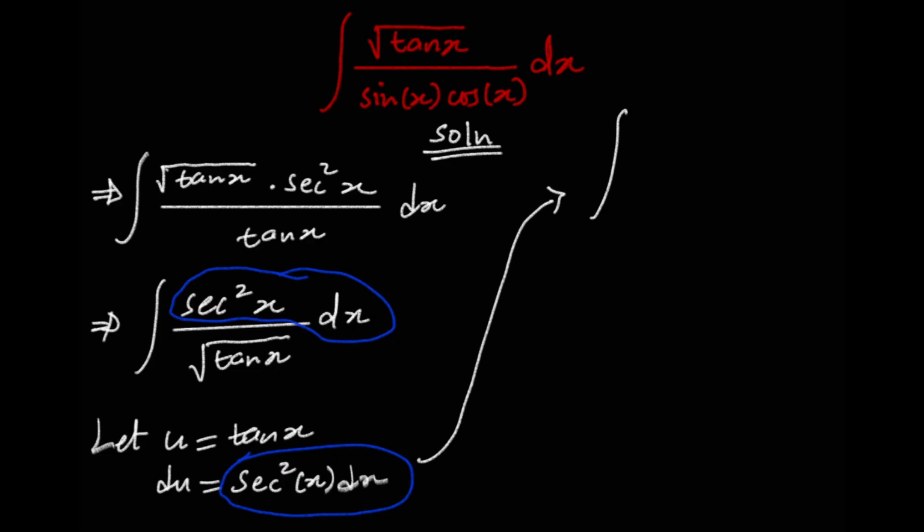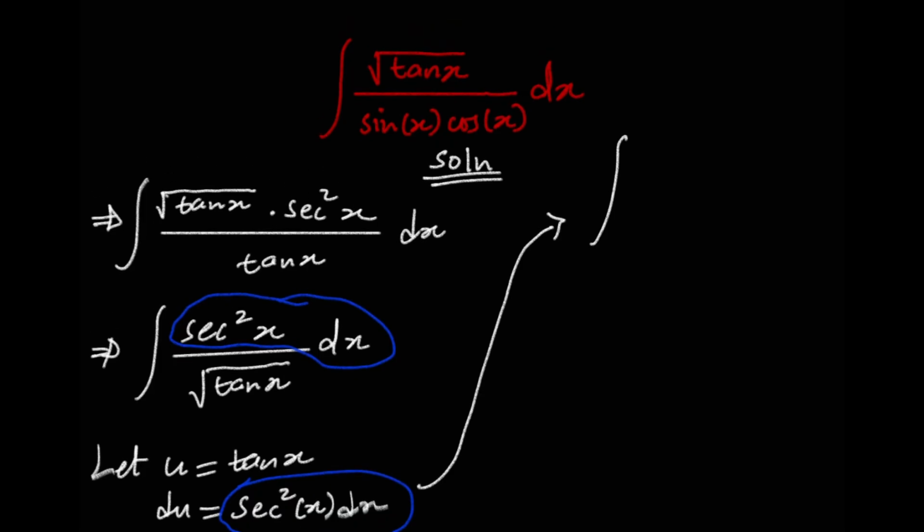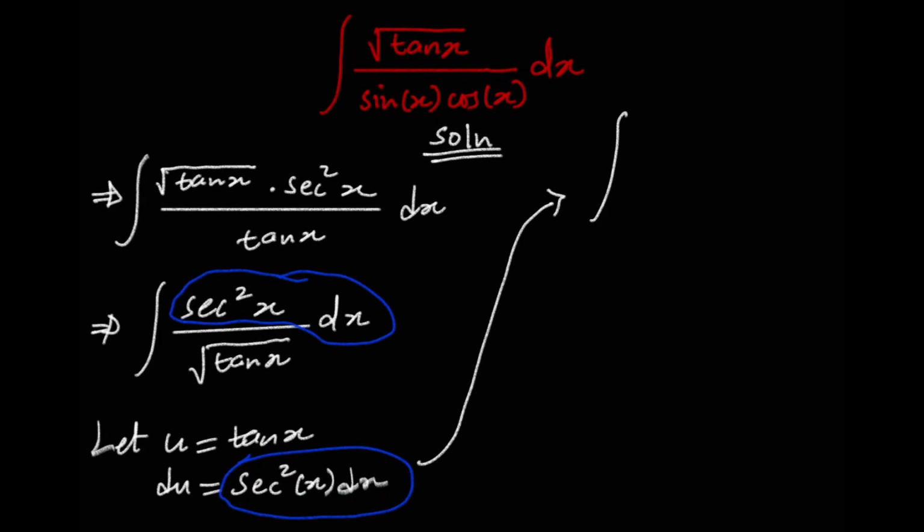Then we have the integral of, now instead of secant square x dx, we are going to have du, all over the square root of tangent x. Then we say let u be equal to tangent x, so in the denominator we'll have the square root of u.